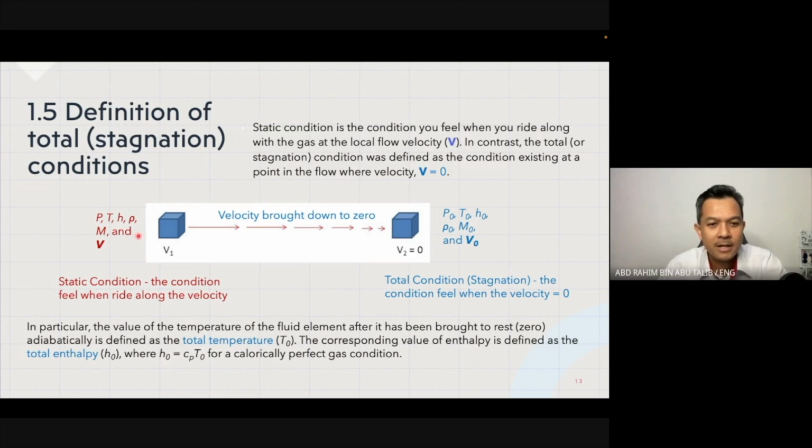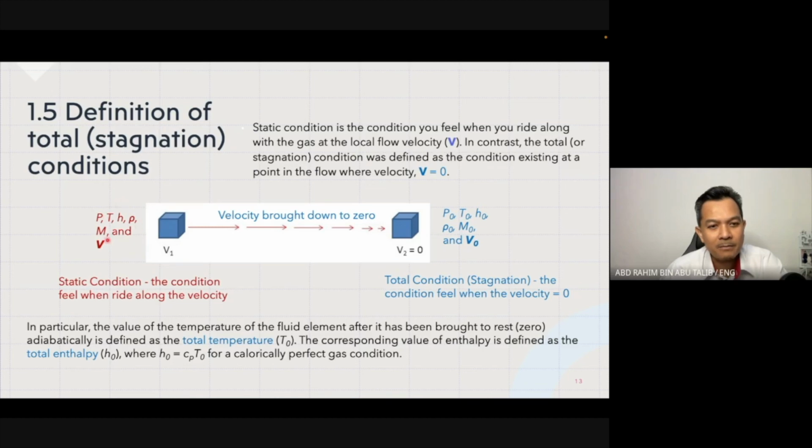This is represented in this simple diagram, right? We have a static condition, the condition felt when riding along with the velocity, and the stagnation condition, the condition felt when the velocity is equal to zero. Imagine that at position number 1, you have velocity v1, the pressure, the temperature, the enthalpy, the density, the Mach number, and the velocity.